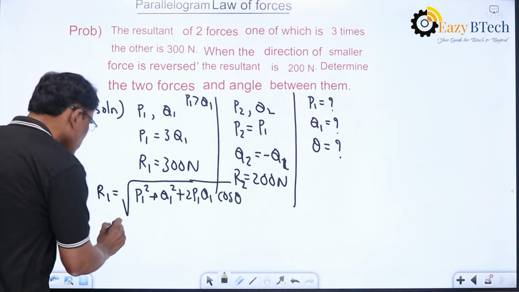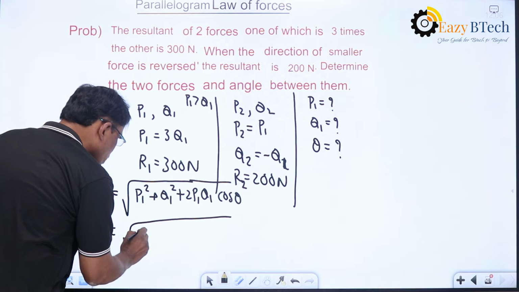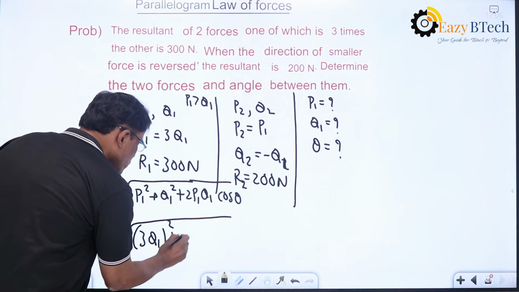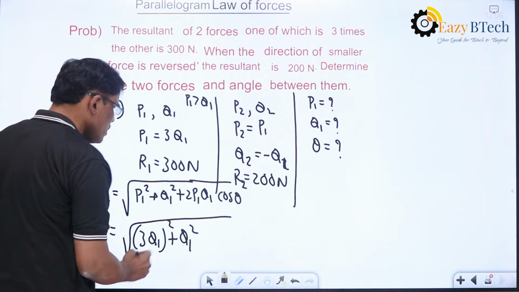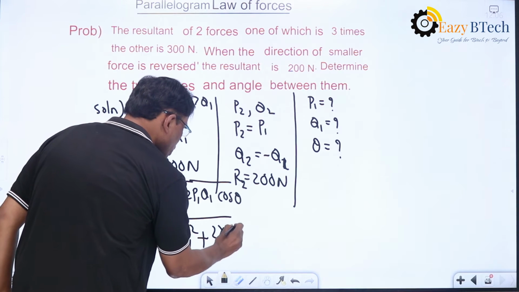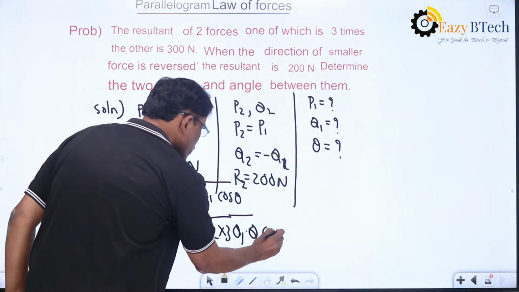So this is the formula. Here P1 is nothing but 3Q1, so it is (3Q1) square plus Q1 square plus 2 into 3Q1 into Q1 cos theta.